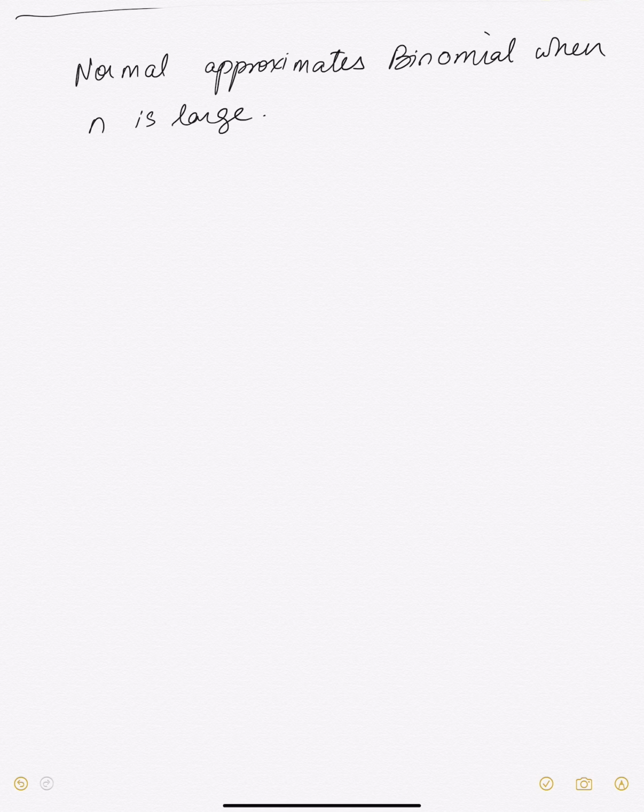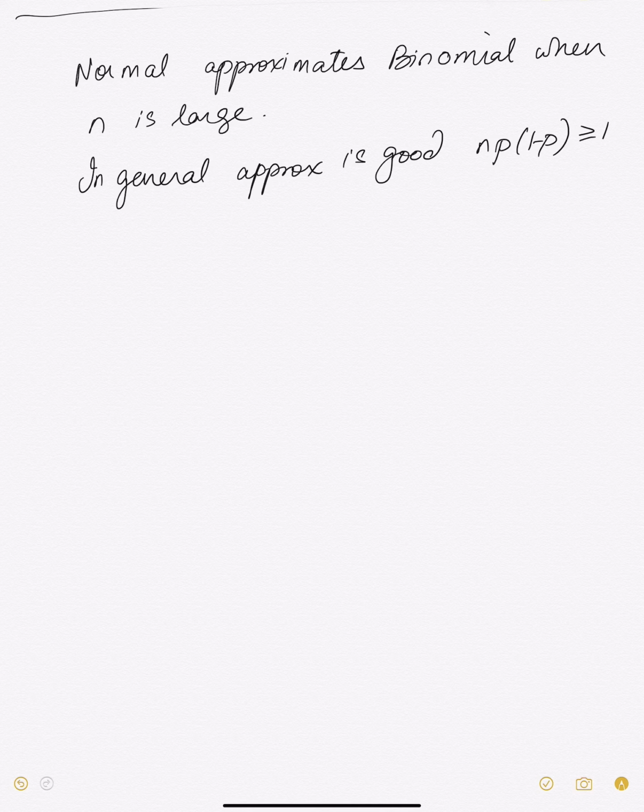But in general, we say the approximation is good when n times p times 1 minus p is at least 10. So when you have n times p times q, or n times p times 1 minus p, bigger than or equal to 10, then you can use a normal approximation to binomial.